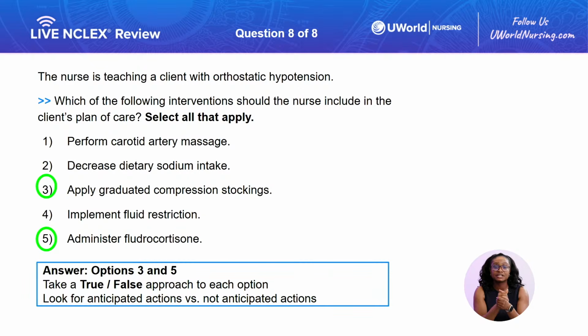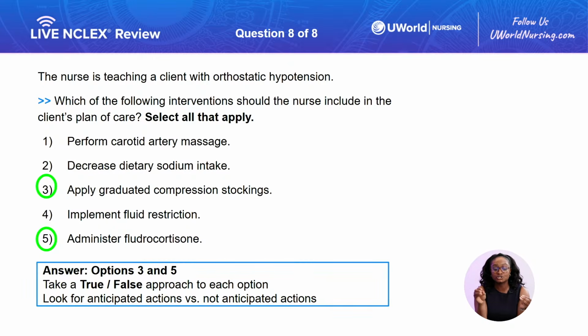Applying those graduated compression stockings prevents the blood from pooling in their legs and helps push it back up to the heart to keep that adequate circulation going. And then option 5, administer fludrocortisone. That is a synthetic mineralocorticoid that mimics aldosterone.